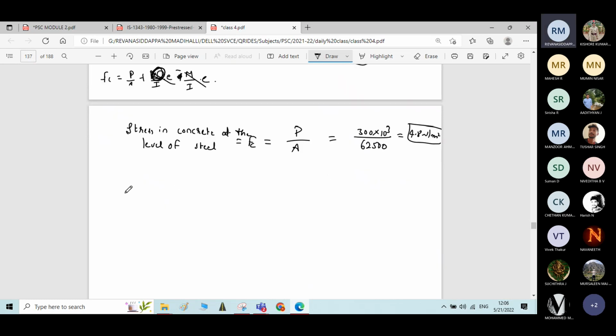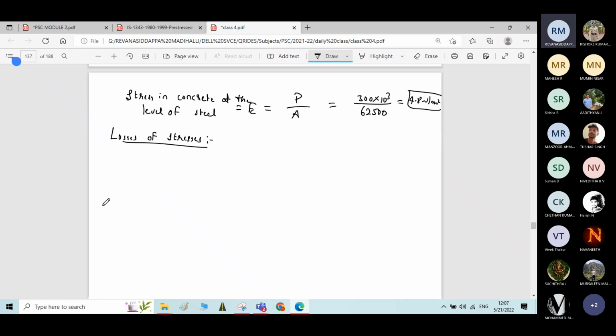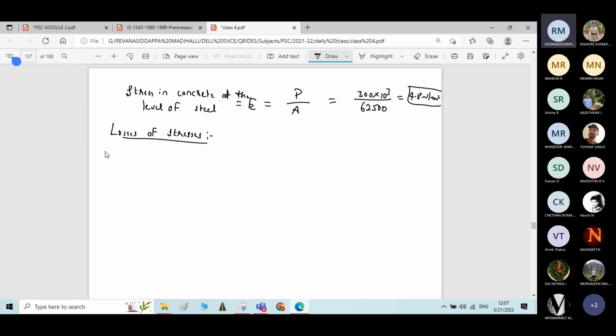Now we can calculate all the losses. Write the side heading as losses of stresses. We calculate one by one. First one is loss due to elastic deformation. The formula is M into FC.